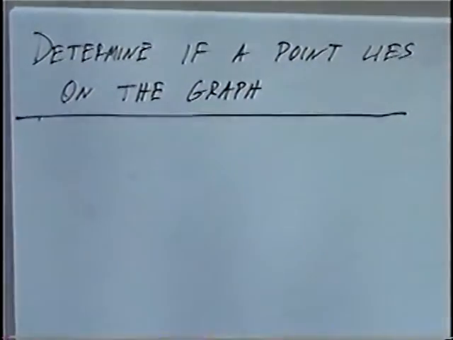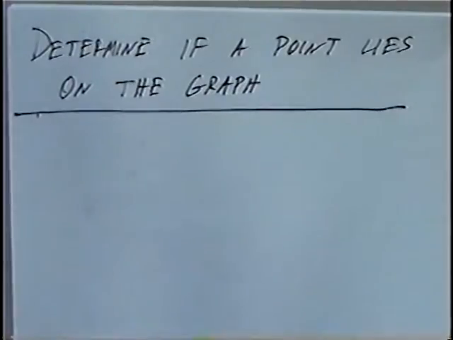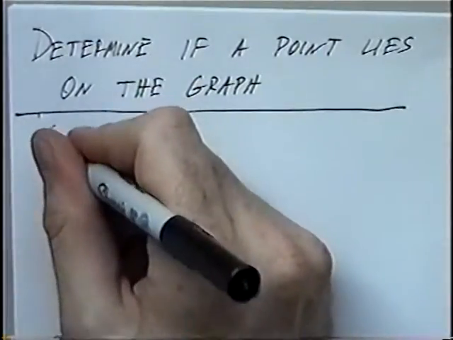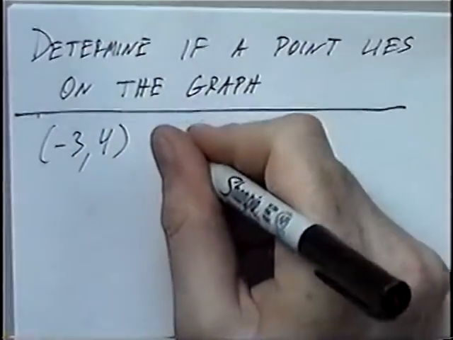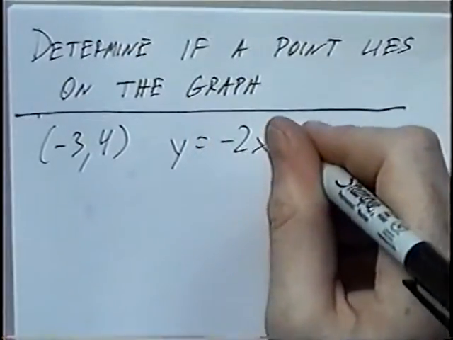In this section, we'll take a point and see if it lies on the graph or is a solution to an equation. First problem and first point is -3, 4, and the equation y equals -2x plus 1.